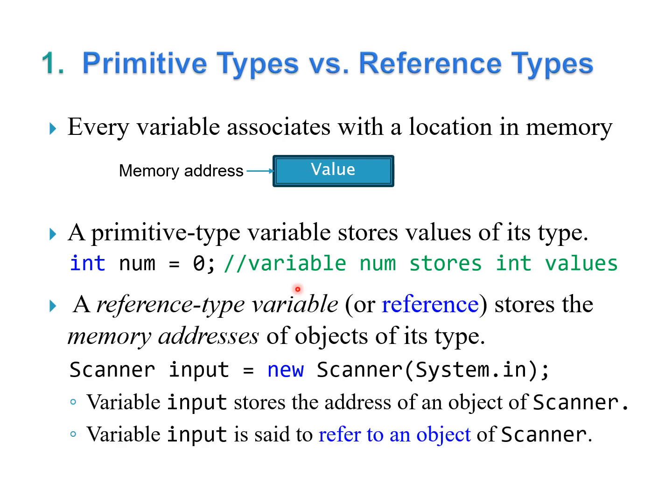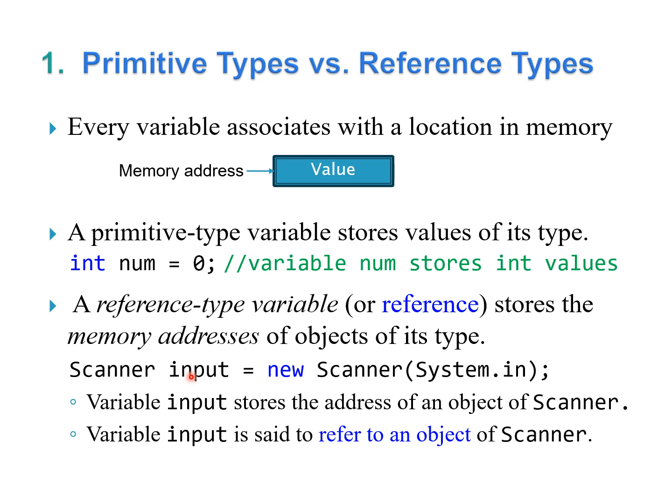A reference type variable stores the memory address of the object that is stored in the memory location associated with the variable. We have actually used reference types before. For example, when you declare variable input of type Scanner and assign it to a Scanner object as in this statement, then variable input is of a reference type.